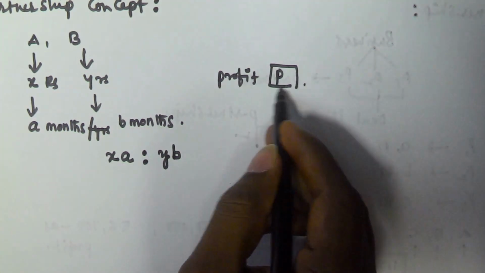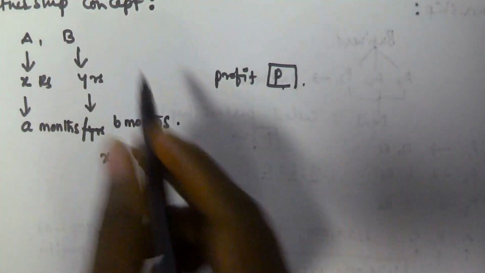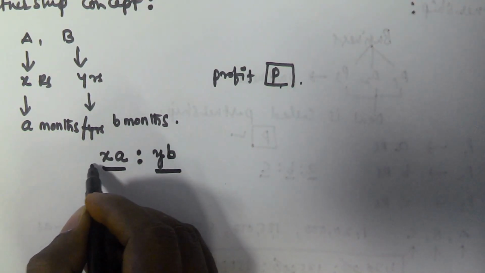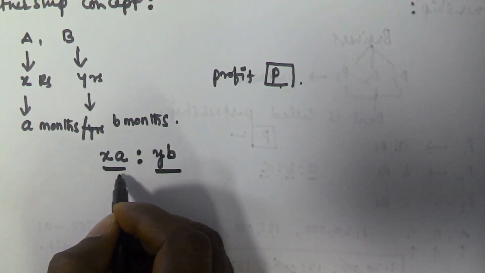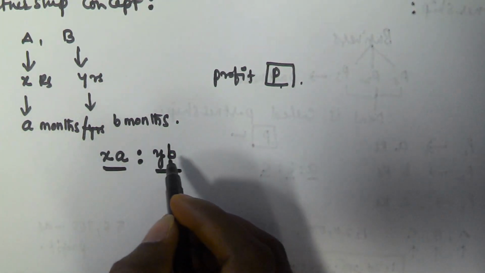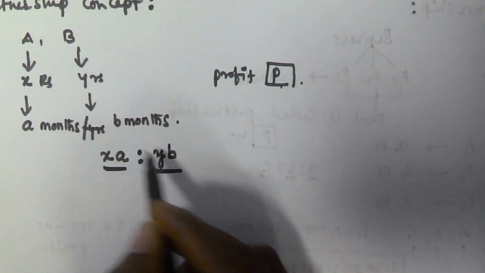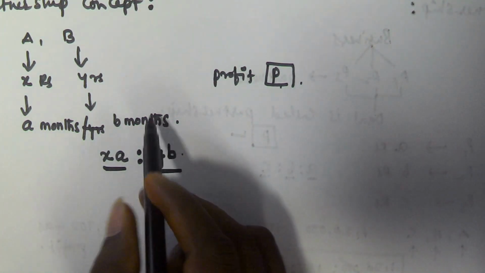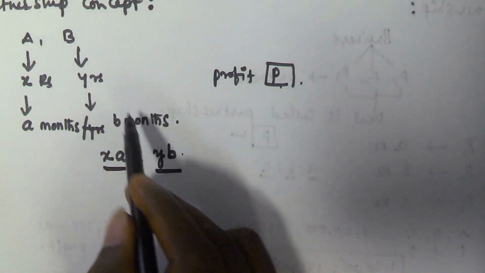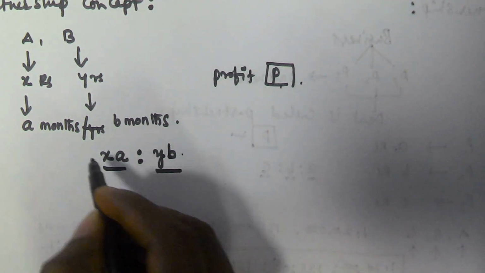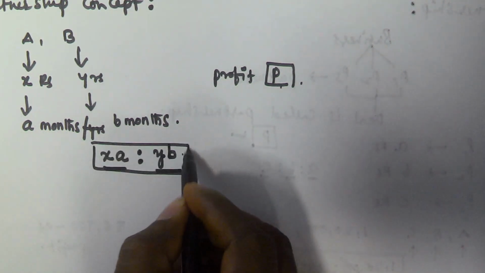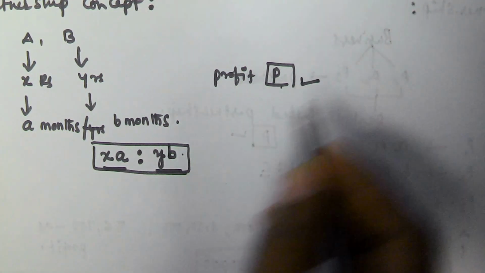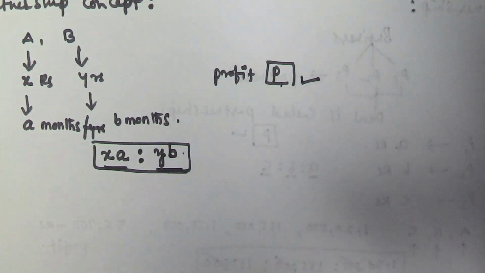So the profit P is shared between A and B in the ratio Xa : Yb, where X is the amount A invested and a is the time period A invested, and Y is the amount invested by B and b is the time period B invested. In this ratio we divide whatever profit or loss we got between them.